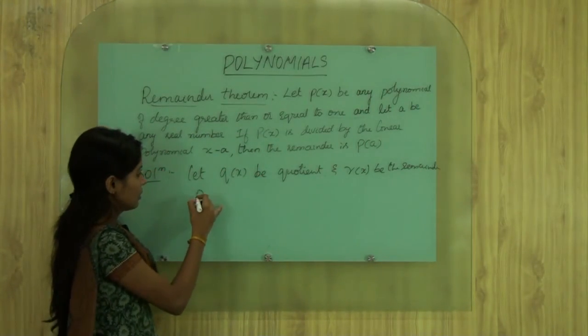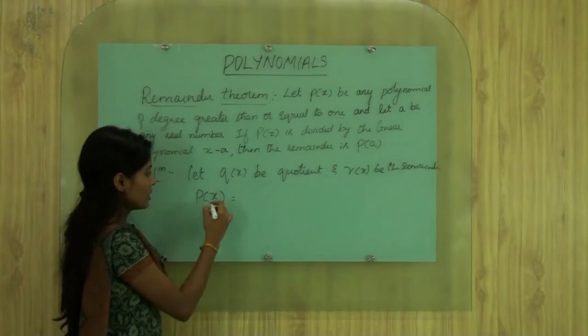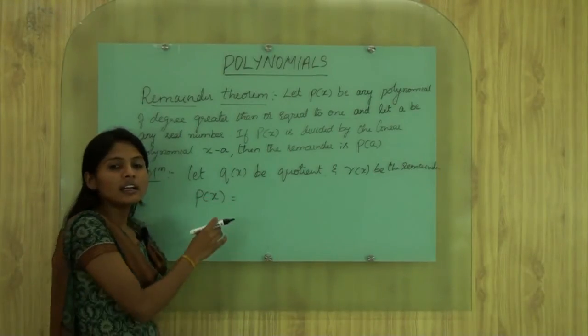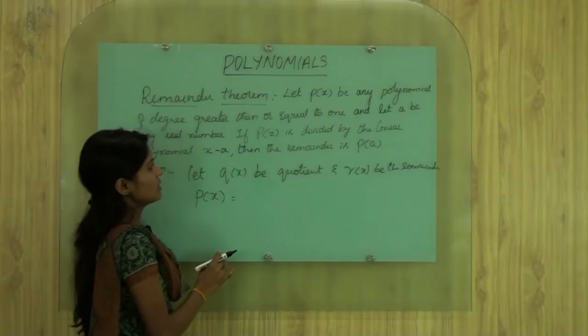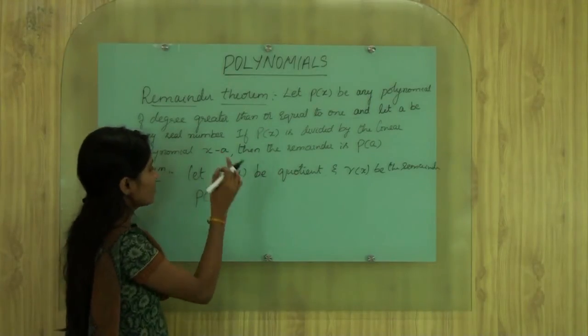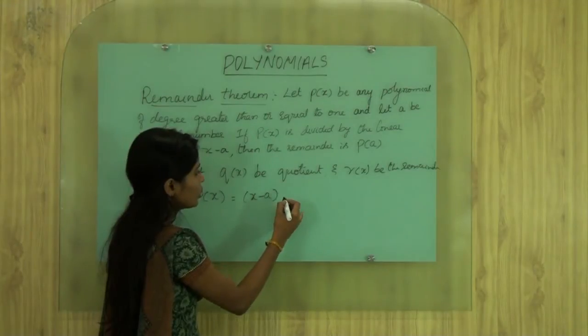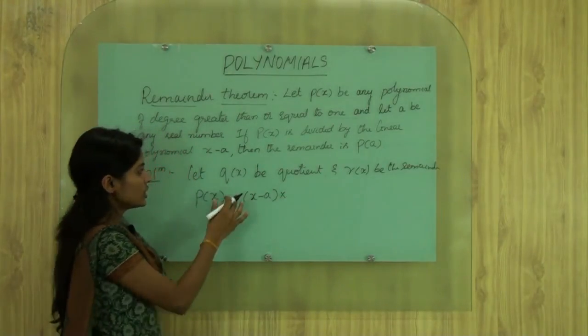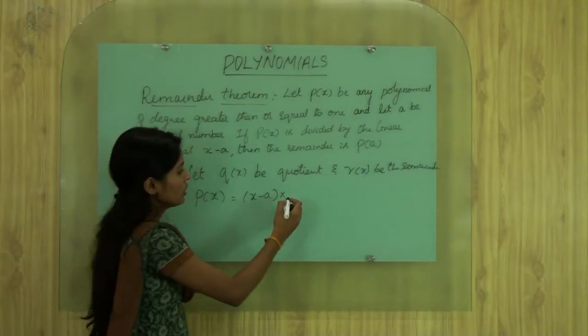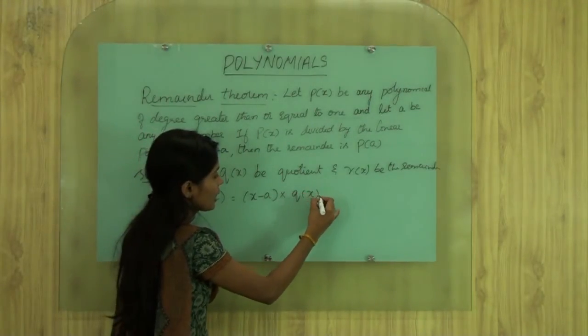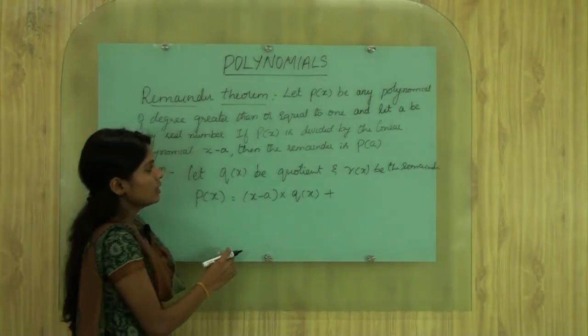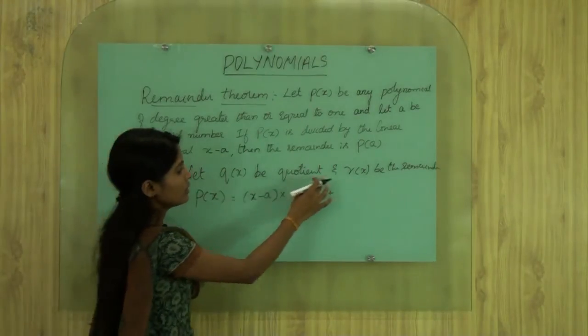Then p of x is equal to, that is, dividend is equal to divisor. What's the divisor here? x minus a, into quotient. What is the quotient here? q of x. Let us assume q of x, plus the remainder. What's the remainder here? r of x.